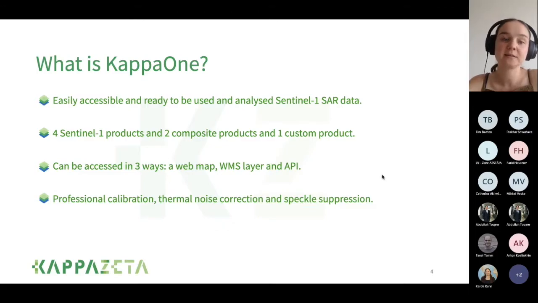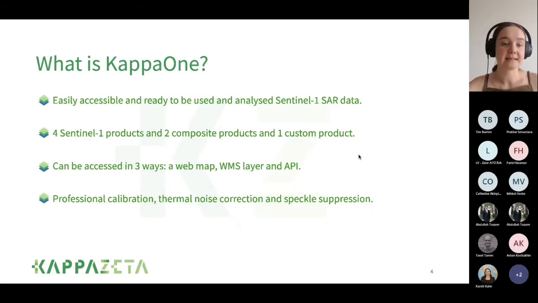It's backscatter, both VH and VV polarization, and coherence, also VV and VH polarization. Moreover, there are 2 composite products, more like false color images. I will show it shortly. We also have 1 custom product, which I will also introduce to you. About all these parts, I will have specific slides to explain.